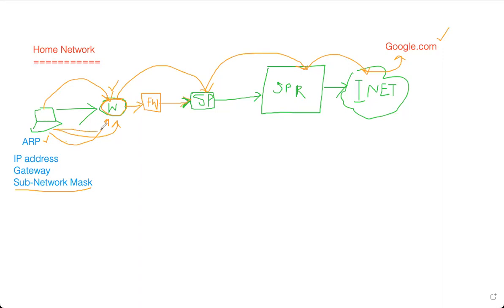So from your PC, it goes to the Wi-Fi router, then to the firewall, then to your router, then to the service provider router, and then to the internet. In this case, security can be enabled, meaning when I turn on the firewall, I can allow or deny traffic. So the firewall acts as a security measure here. Using this firewall, I can control what is going outside of my network and what is coming inside my network.